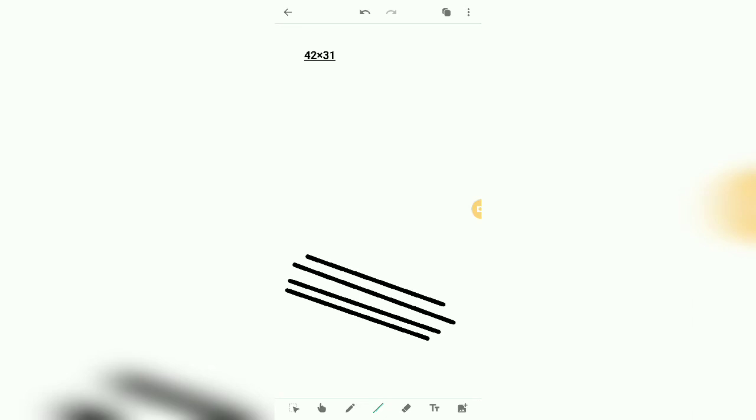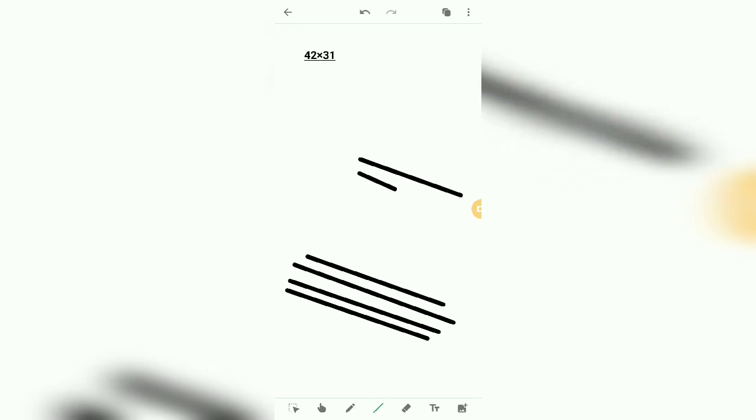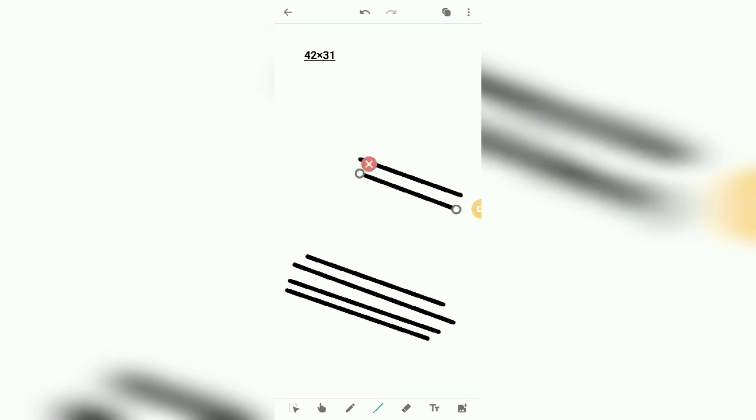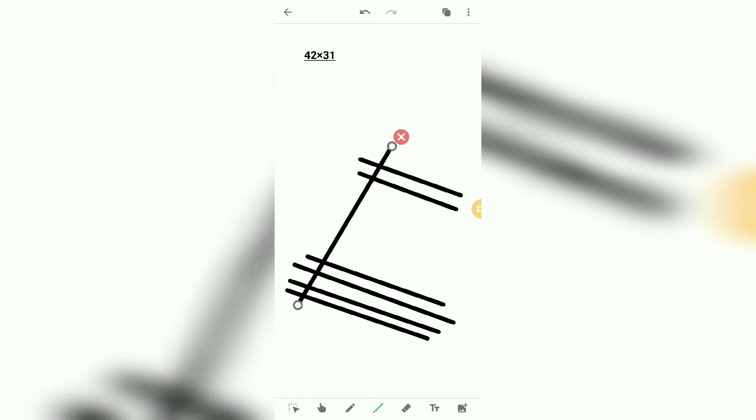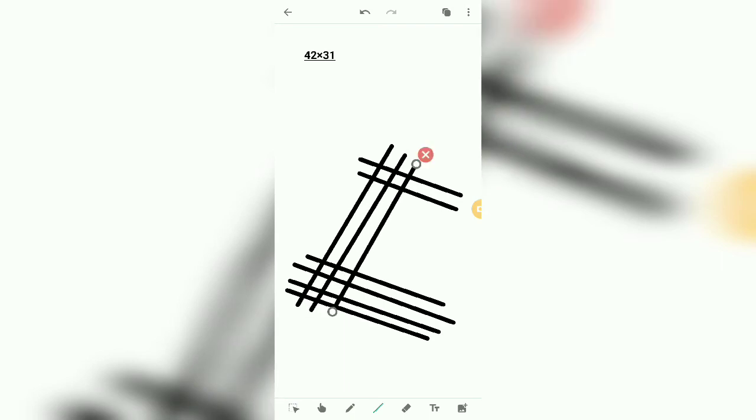Then draw 2 lines. You leave a space and draw 2 lines. Then because of 31, we draw 3 lines first, crossing it. So 1, 2, and 3. Then you leave a space. You have 1, 31, so draw 1.